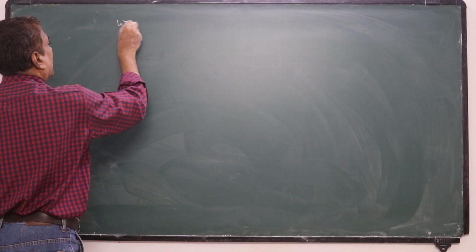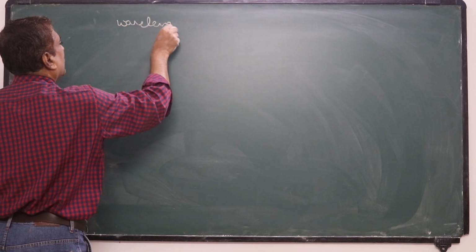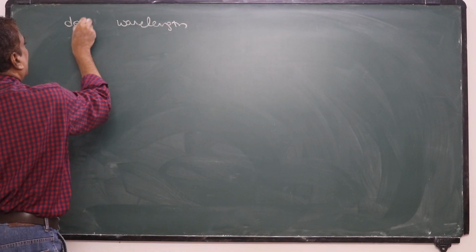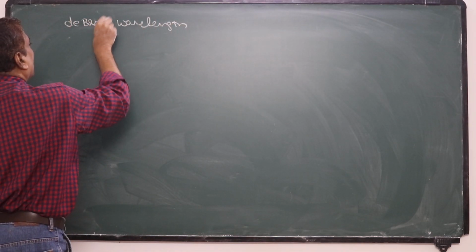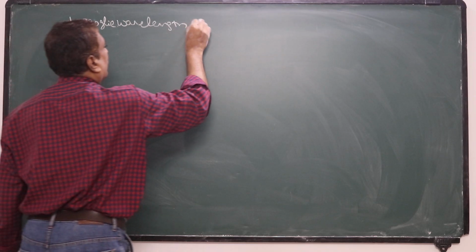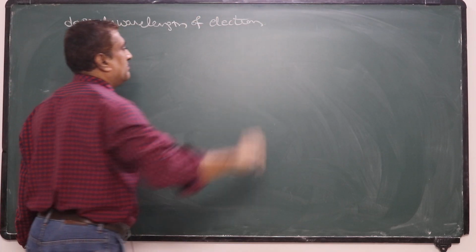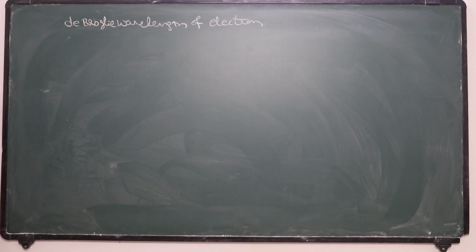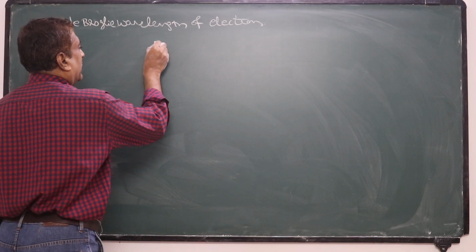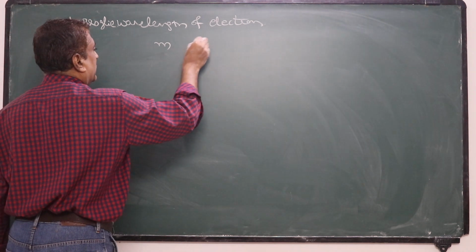Now the de Broglie wavelength of an electron. Okay. Now assume that m is the mass of the electron and e is the charge of the electron.